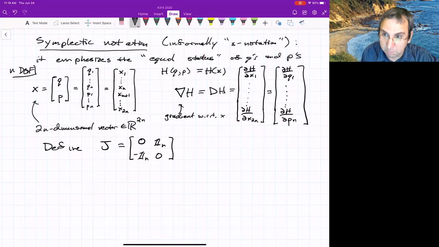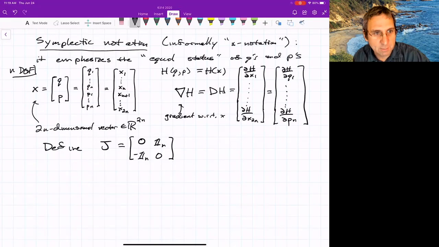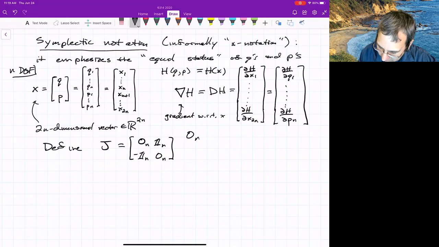I've written it in this block diagonal form. 0n is the n by n matrix of zeros. This capital 1 sub n is the n by n identity matrix.